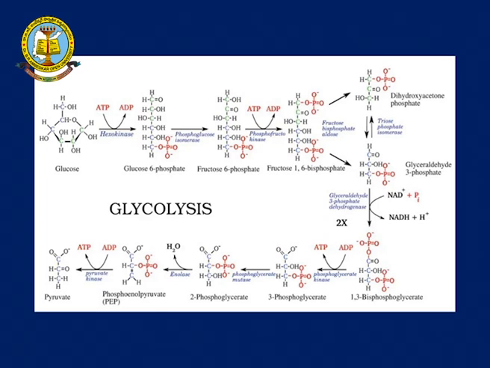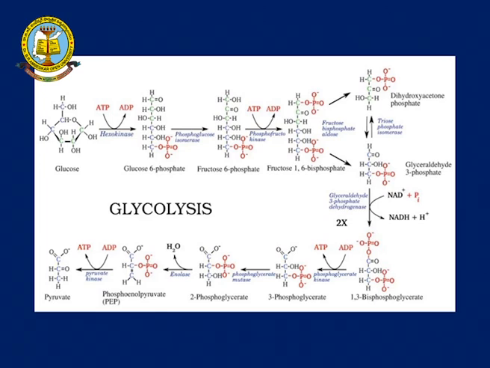Then, in the presence of glyceraldehyde 3 phosphate dehydrogenase enzyme, glyceraldehyde 3 phosphate is converted to a 1,3 bisphosphoglycerate molecule. Now you see, the 6 carbon molecule is converted to 3 carbon molecules, glyceraldehyde 3 phosphate and dihydroxyacetone phosphate. Then there is an isomerization, a reversible reaction, in the presence of enzymes.